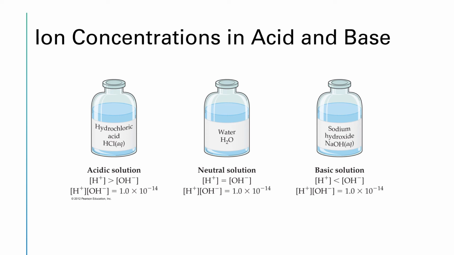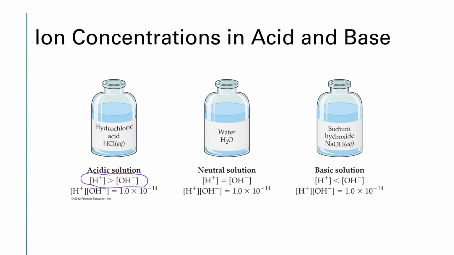So here's the revision that we've got to make to the concept of acid and base. If we're talking about something being an acidic solution, yes, it will have both H+ ions and OH- ions. But if it's acidic, the hydrogen ions greatly outnumber the hydroxide ions.